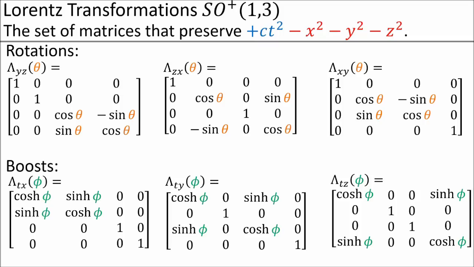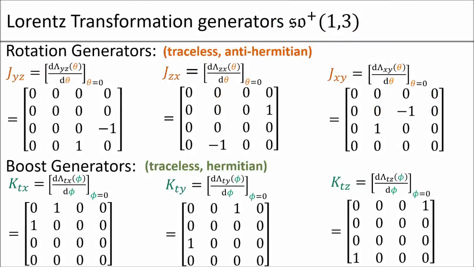These 4x4 Lorentz transformation matrices can be generated using these 6 generators, from the Lie algebra SO+(1,3). The rotation generators are labeled by J, with 2 subscripts that indicate the plane of rotation. The boost generators are labeled by K, with 1 time subscript and 1 space subscript indicating the boost direction.